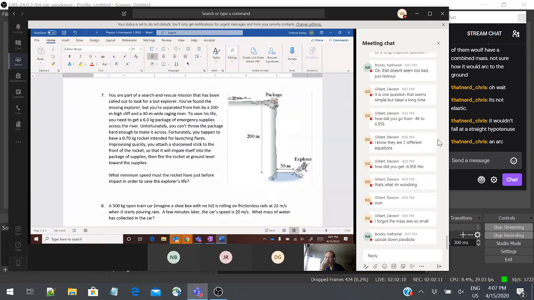So you have two parts of the problem. You have a momentum conservation part and a projectile motion part.